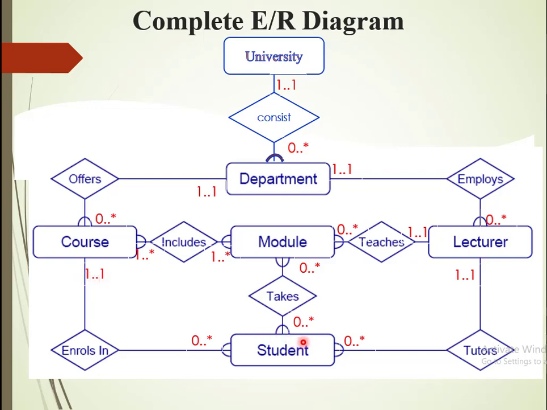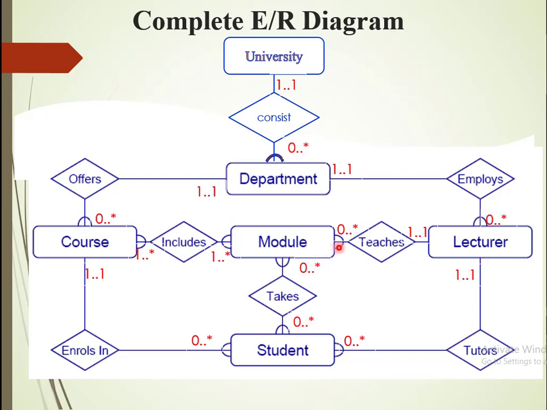Then we have another relationship that exists between students and modules. A student may fail to take a unit, or may take one unit, or may take many units. Similarly, a unit may not have been taken by any student, or may have been taken by one student, or by many students. That's what we are denoting by this.